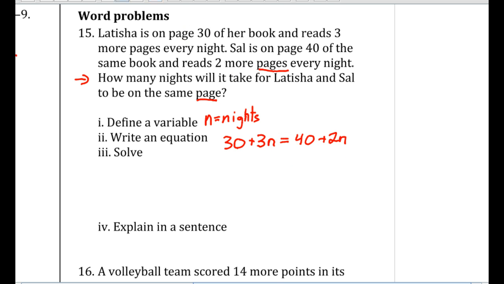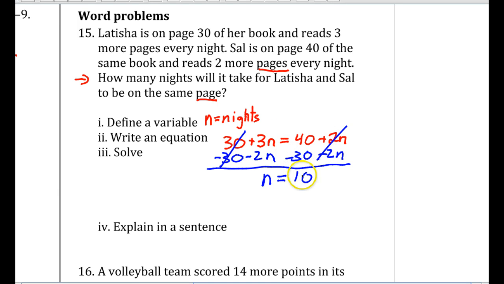And when we solve this, subtract 30 on both sides, and subtract 2n on both sides. We'll have n, number of nights, is equal to 40 minus 30, that'd be 10 nights. So after 10 nights, explain in a sentence.